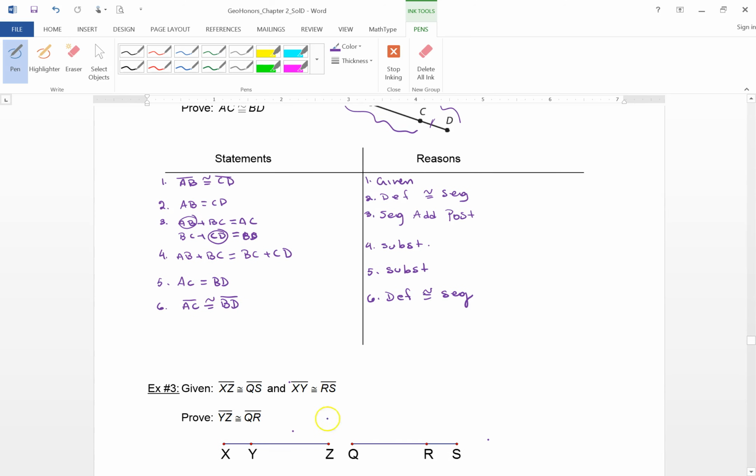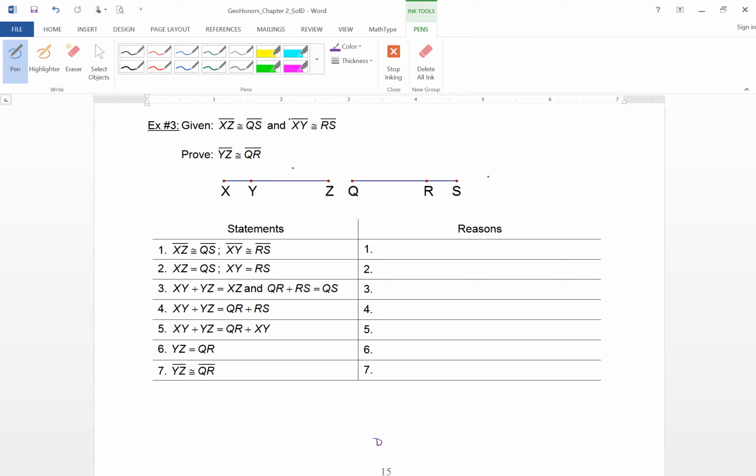Is this making sense? Yeah. All right, so here the proof says, given XZ is congruent to QS and XY is congruent to RS.